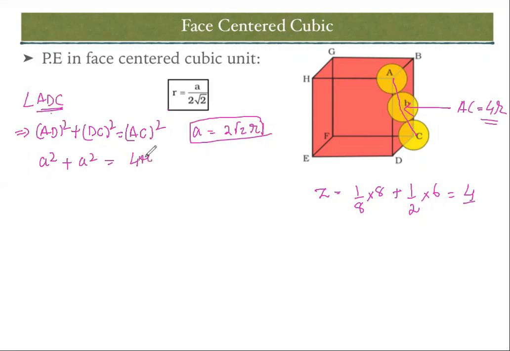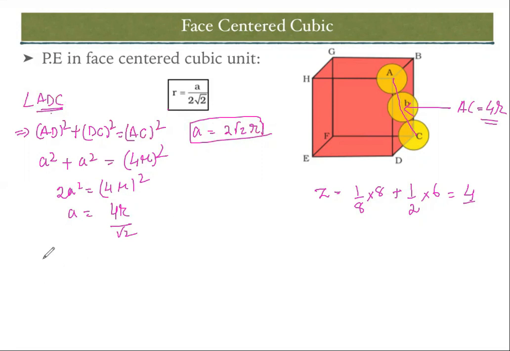So 4r whole squared. Then the relation is 2a² = (4r)², so a = 4r/√2. You will get this one also.